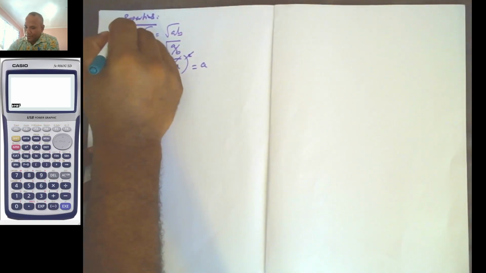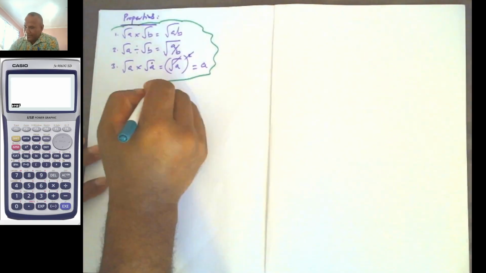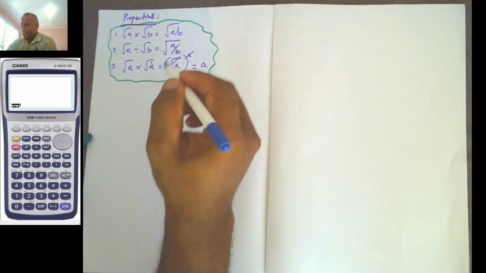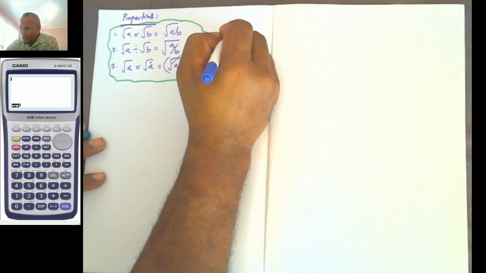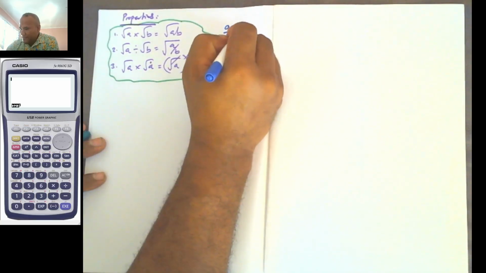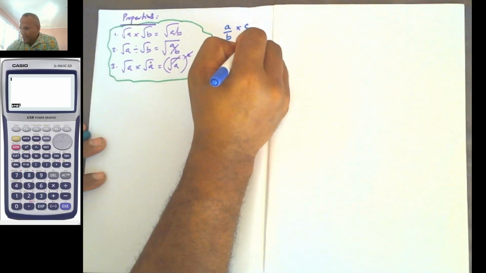These are some properties of surds that we would need, and we would also need fractions, since sometimes fractions are involved. So we'll need the properties of fractions: a over b times c over d.